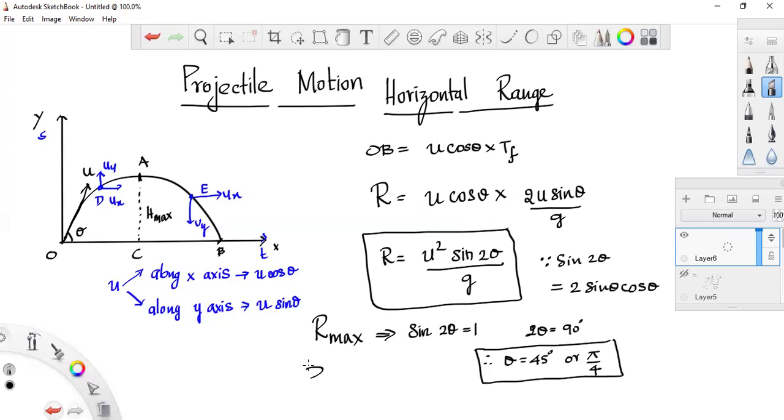So the maximum range is equal to u square by g. The maximum horizontal range is directly proportional to the square of the initial velocity. So these are the four important formulas we derived regarding oblique projectile motion. Let's recall everything from the start.